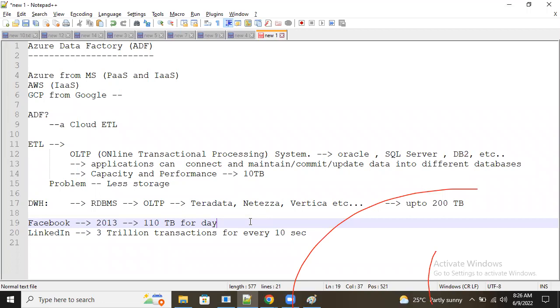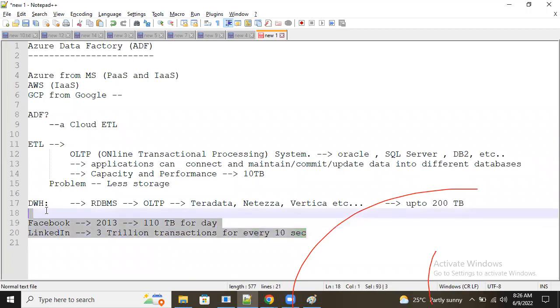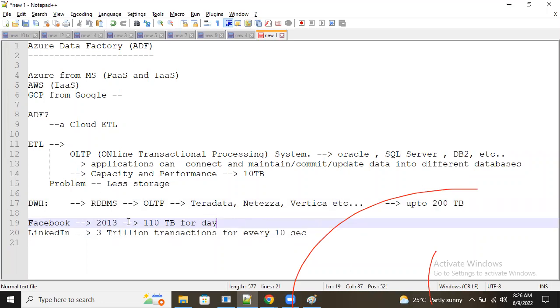Right, guys? You can't store this much data in these traditional data warehousing systems, which have a capacity of up to 200 terabytes. That is the reason Facebook uses Hadoop.